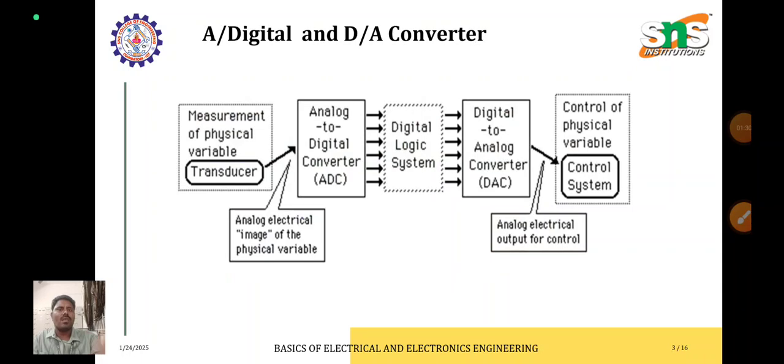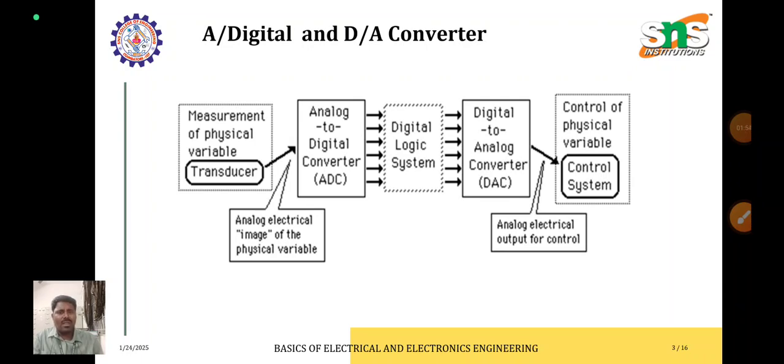First of all, we have to detect the physical quantity, either the analog signal, that is speech, or pressure, or length, or whatever it may be. Any physical quantity can be converted into an electrical quantity with the help of a transducer.